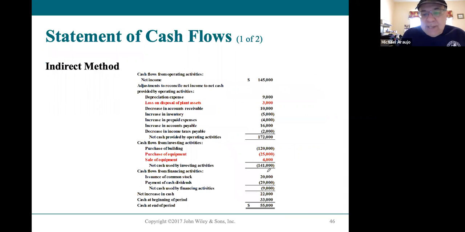And as you see, it's very teeny, tiny. Because it shows two things. It shows the cash coming in from the sale of equipment under investing activities. And it shows that $3,000 loss being reversed up in operating activities. Okay, so that's where those numbers came from.